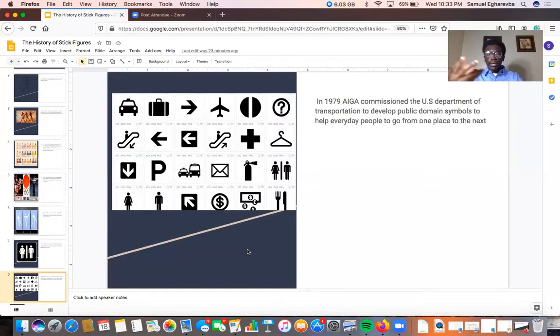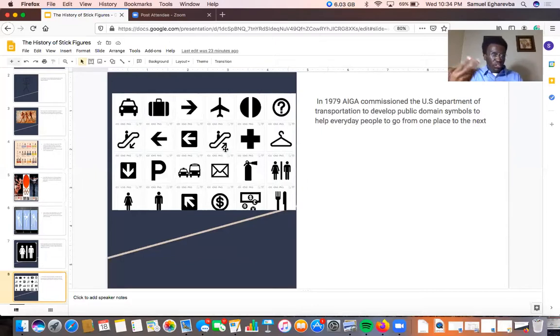If you look at an airport, it doesn't matter what language that you speak. Something like baggage claim. If they're able to see a bag, they're able to put two and two together to understand that they need to go get their bags here, and that an elevator is here.